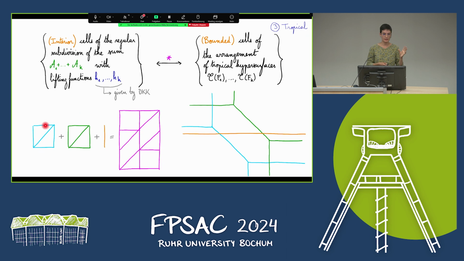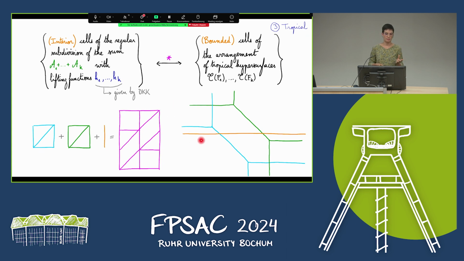We have seen that we had a Minkowski sum of cubes. And in fact, we also have lifting functions that are given by Danilov, Karzanov, and Koshevoy, because in their theorem, they say that they have a regular triangulation, and they provide an explicit way to build the lifting functions, so we could use them and associate to each of these Minkowski summands a certain tropical hypersurface.